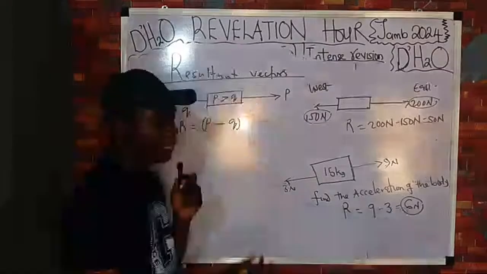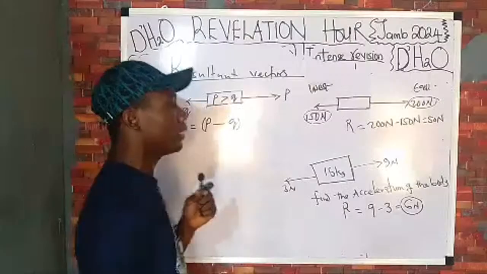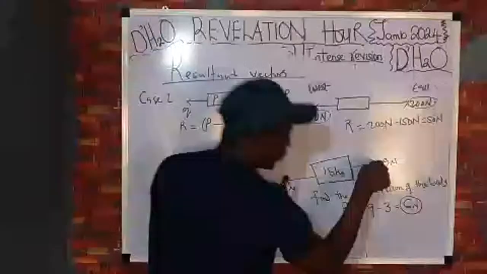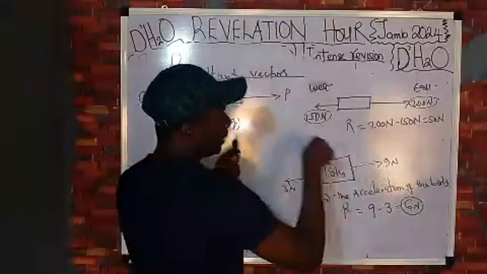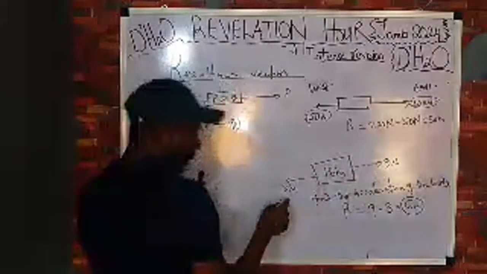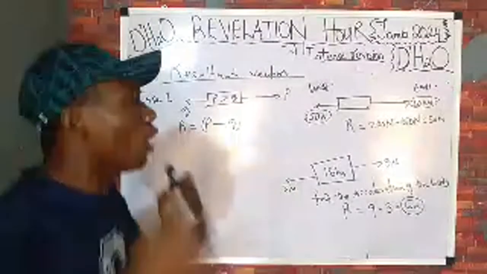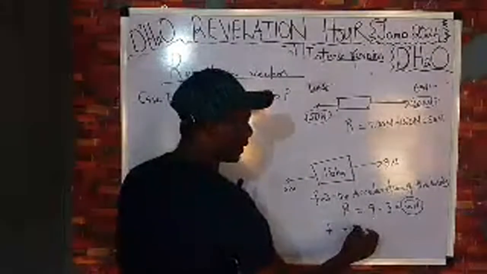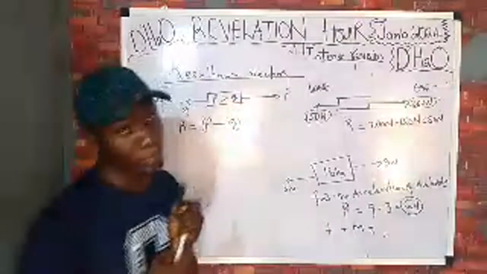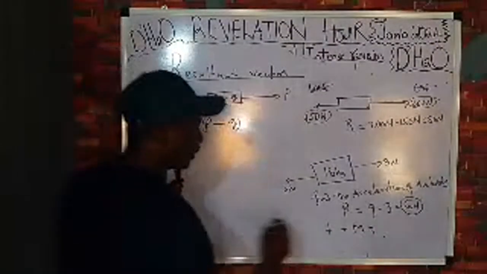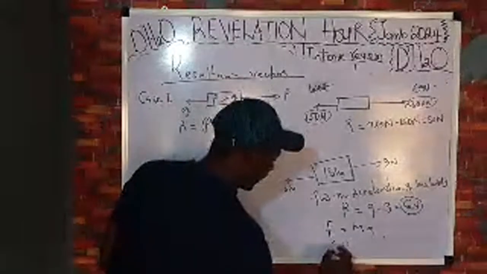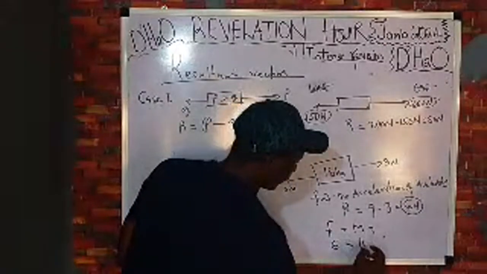It is the extra 6 that adds to the 3 to make 9 that makes the mass move, not 9, not 3. So the resultant force is 6. And if the resultant force is 6, what do we do? Very easy. Remember that force is mass times acceleration. We already have the force, 6. Write it down. What is your mass? 15.